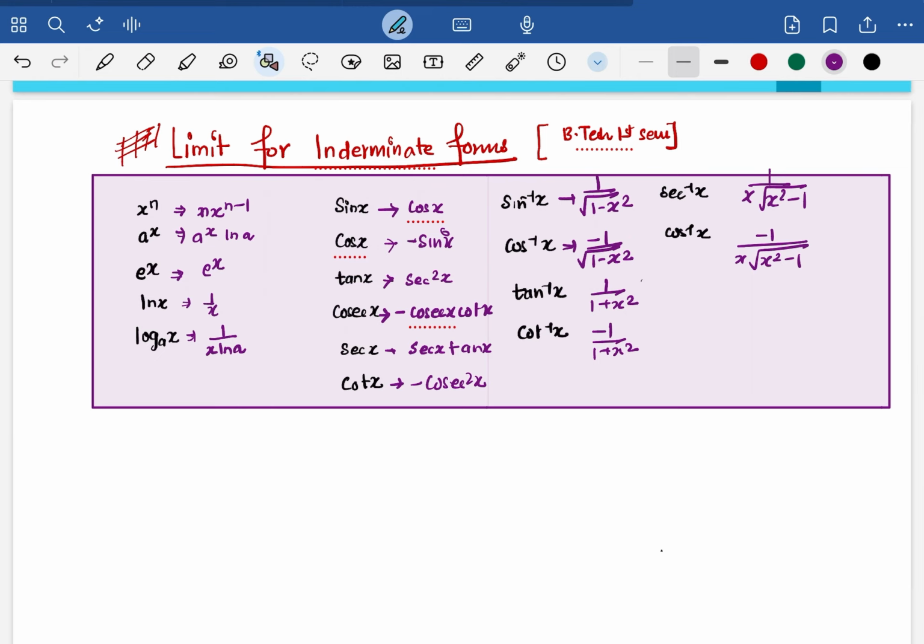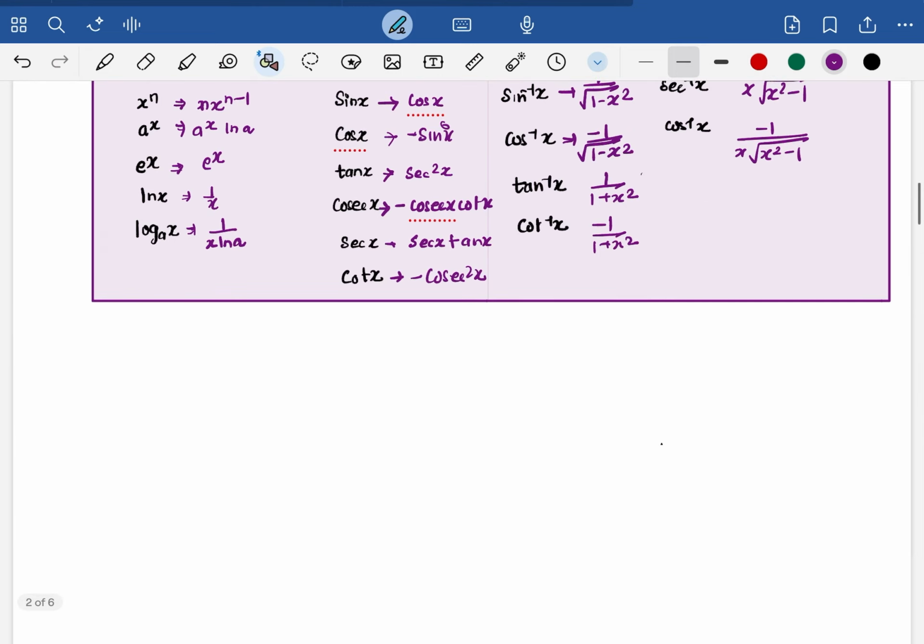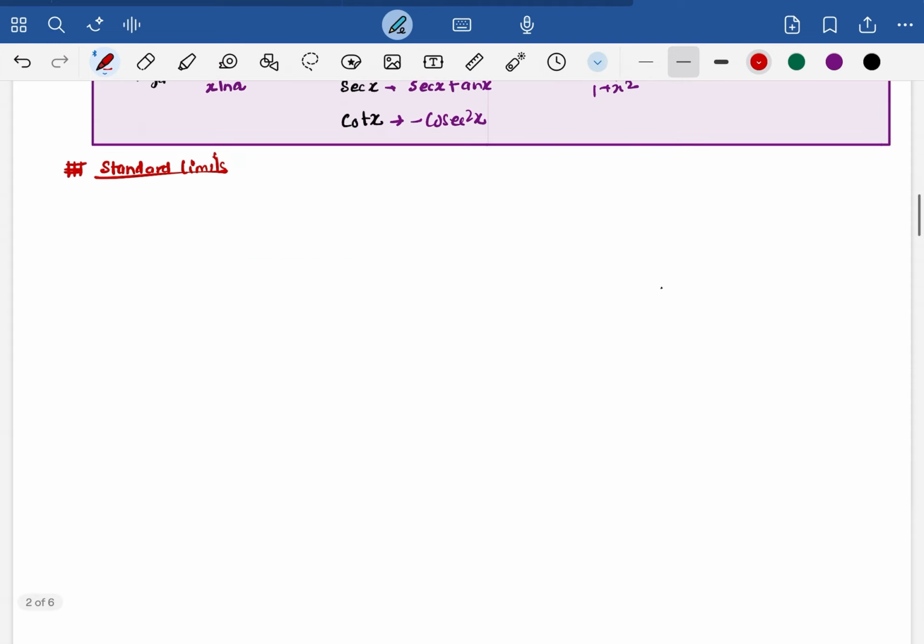Okay, so before diving into the indeterminate forms, let's first recall some of the standard limits. Definitely you have studied these in your intermediate examination. So what are the standard limits?